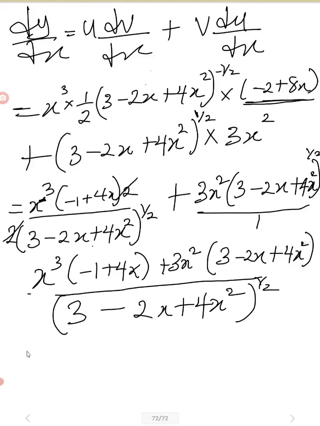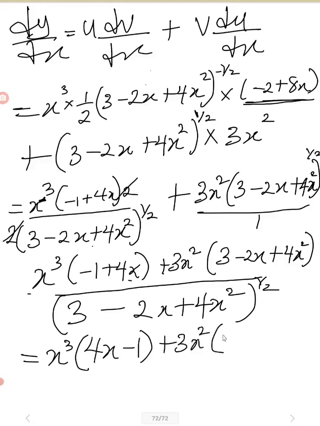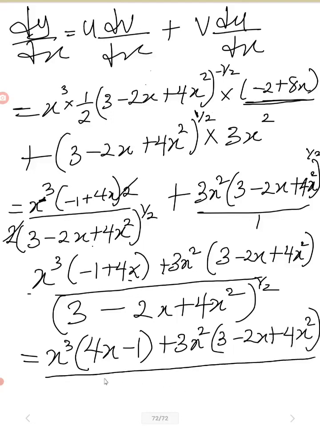So the final answer will now be, you just have to simplify, s raised to power 3 onto, you can write this to be 4x minus 1 plus 3s squared onto 3 minus 2x plus 4s squared all over 3 minus 2x plus 4s squared all raised to power half. So that is the answer. So that is how you need to do it. You have to be careful to analyze this.